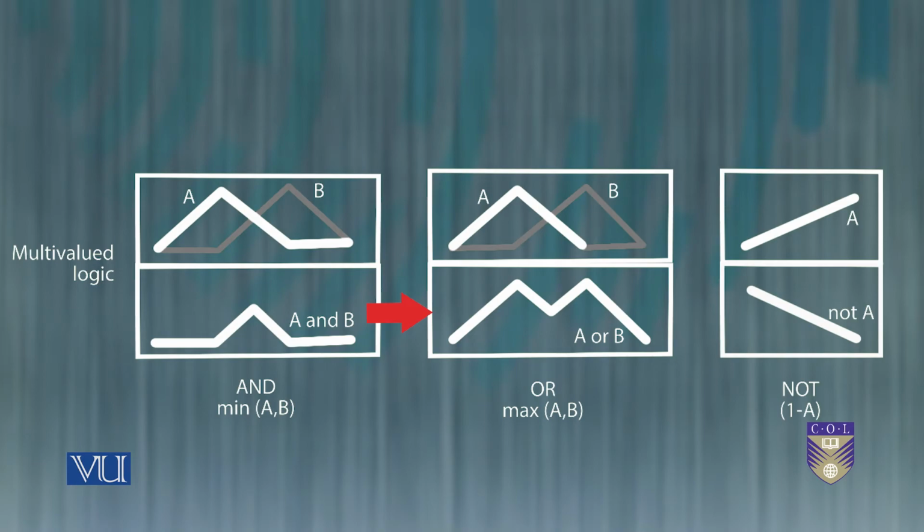As long as A prevails over B, you see the first half of this triangle of the OR dominates. In the second part, the triangle for B dominates. And this is why it doesn't come down below that minimum value where A and B cross. So that's the OR operator. And likewise, the third, the NOT operator.